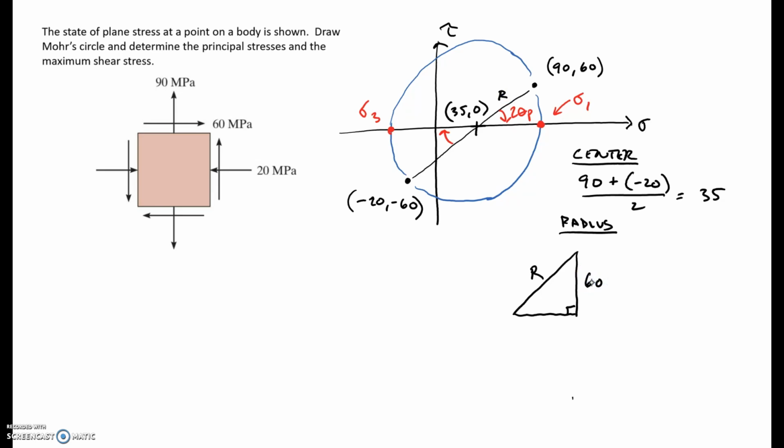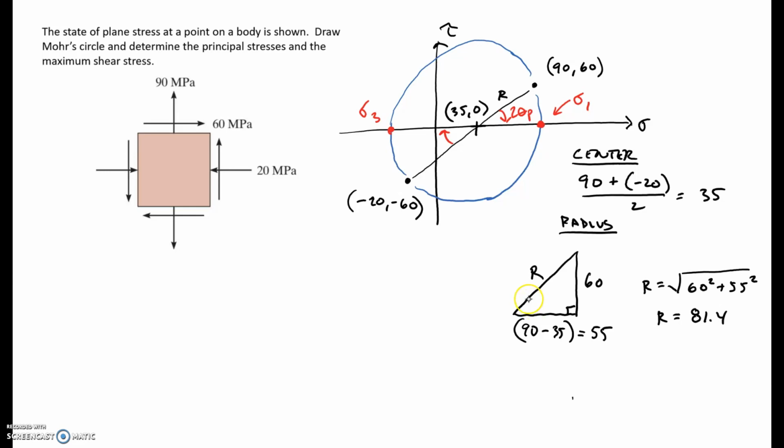The horizontal leg is going to be the difference between the x-coordinate 90 minus the x-coordinate of the center 35, and that gives us a value of 55. So the radius would be the square root of the sum of the squares, 60 squared plus 55 squared, and that ends up being about 81.4.